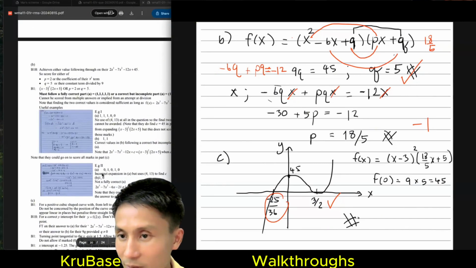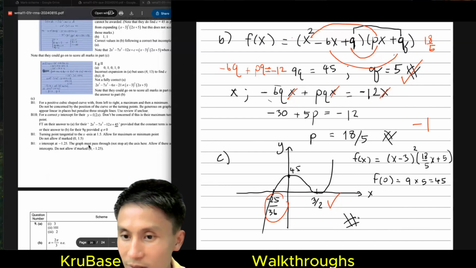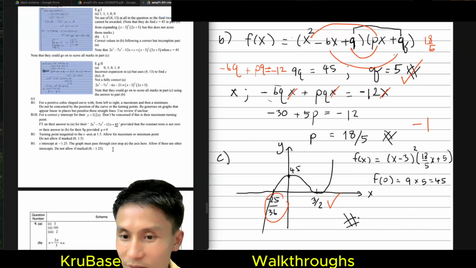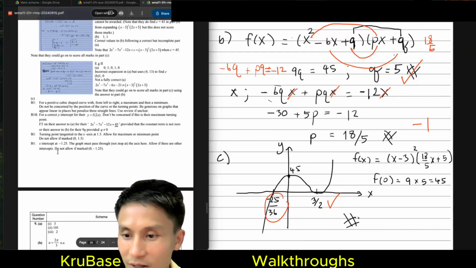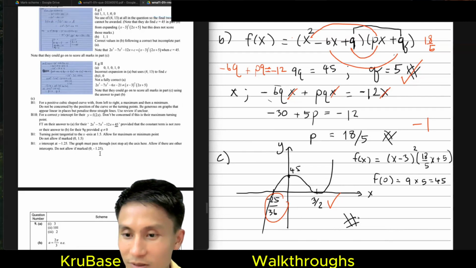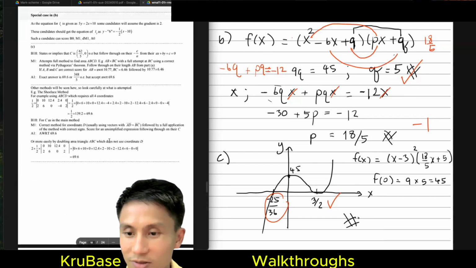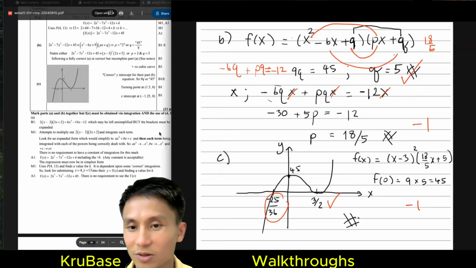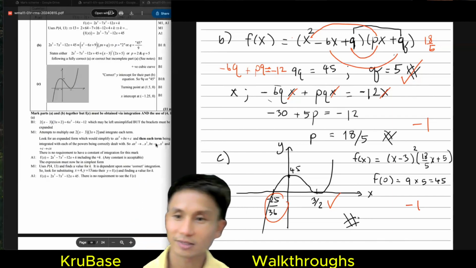So I think I got that mark. X intercept at that, no, pass through, not stop at. Allow if there are other intercepts, do not allow if mark. Okay. So yeah, lost another mark there. Darn it.